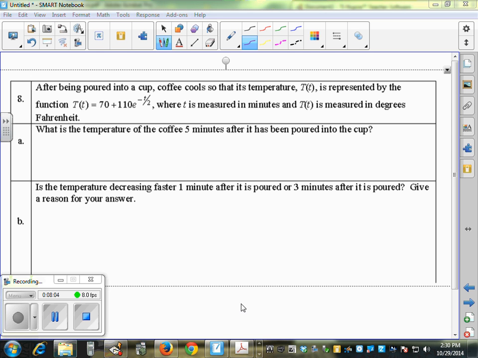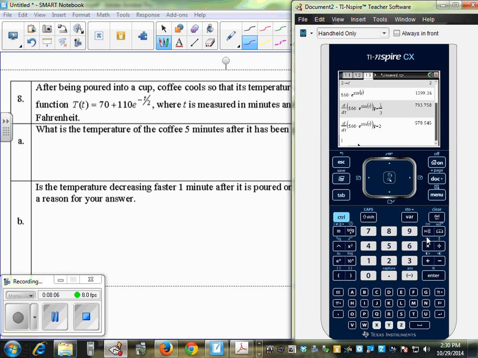So what we're going to do is go back to our calculator and do the first one. And that's just plugging in. So I'm going to take 5 and store it in for t.